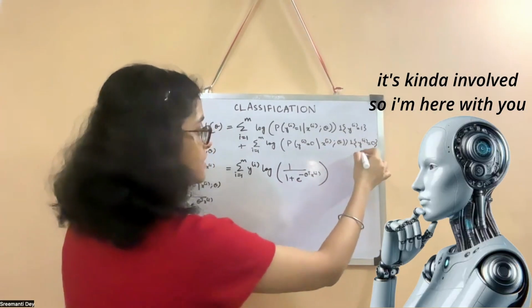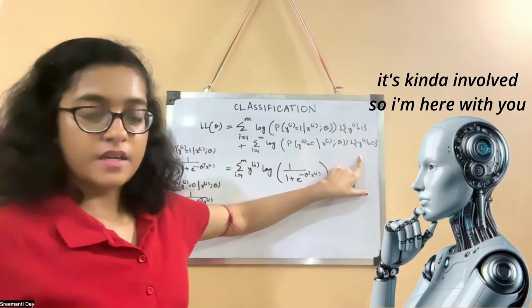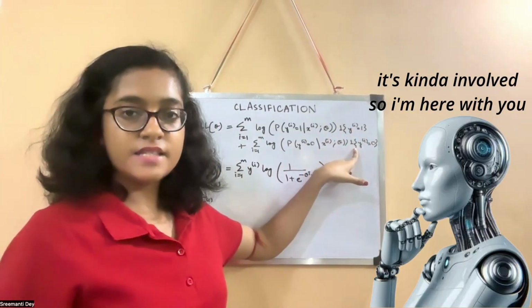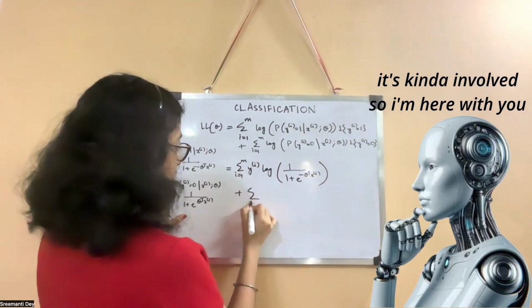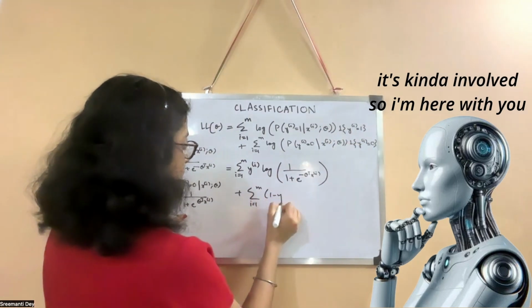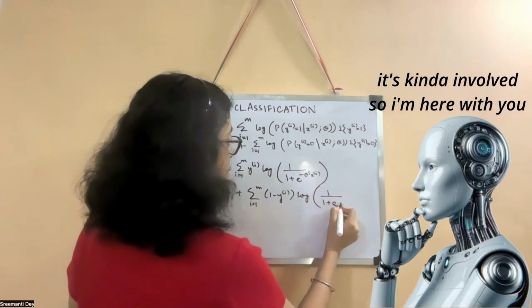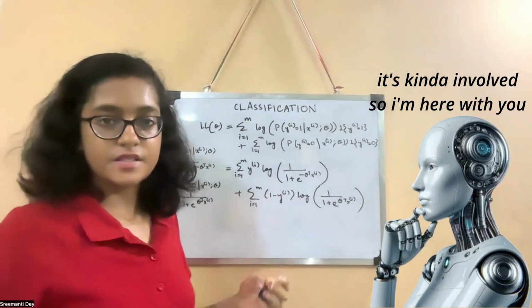And for this one, we know what it is going to be. You can guess it: 1 minus yi. So if yi is 1, this will be 0, which is what we want. If yi is 0, this will be 1, which is exactly what we want. Perfect. So now we have 1 minus yi times log of 1 by 1 plus e to the power theta transpose xi. Now we have this.